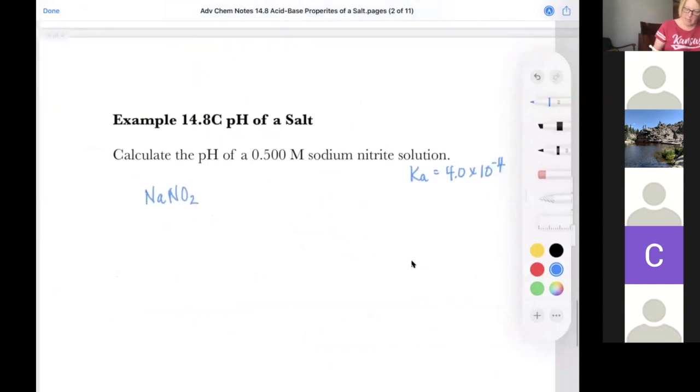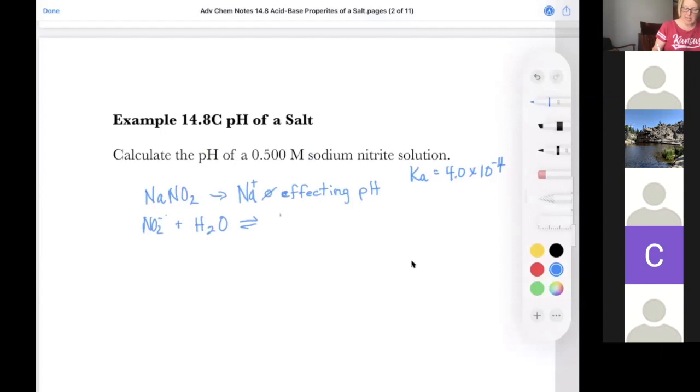So I'll rewrite it here on this page. Sodium not affecting pH. It's really a bad sodium. So it's the NO2, and we put it with water.